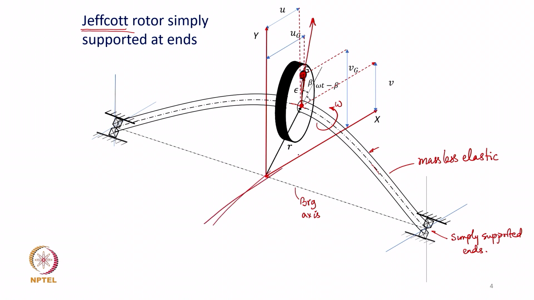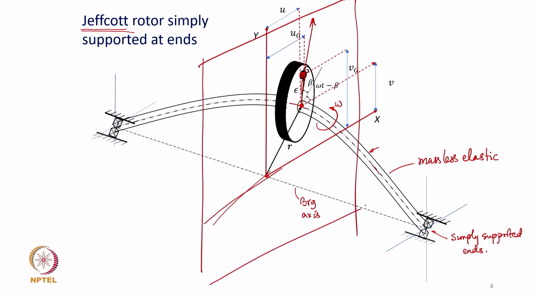So, if you consider this as the plane perpendicular to the bearing axis and containing the disc, then obviously the position of this disc center is given by the radial distance r. Okay. So, the position vector of the center of the disc and of course, the center of the shaft at that location is given by r.